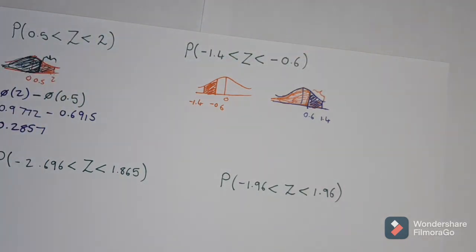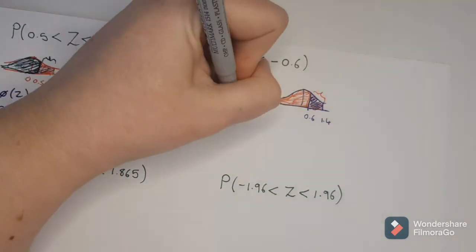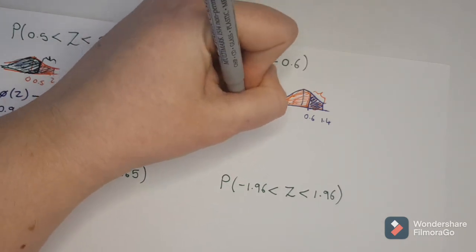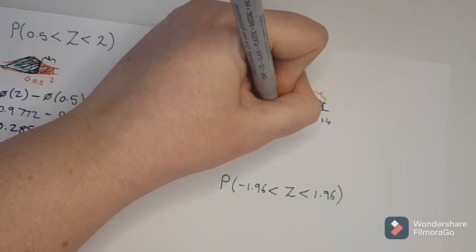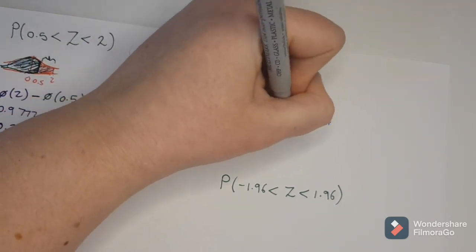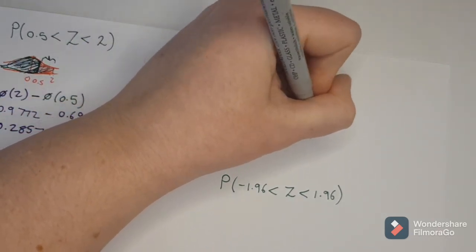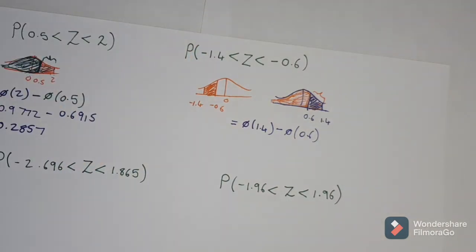So I'm going to look up my value on my table for 1.4, and then subtract my value for 0.6 to be left with just the area that I want.